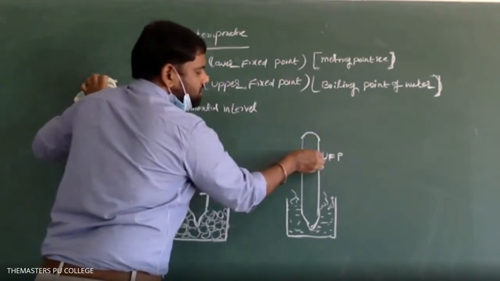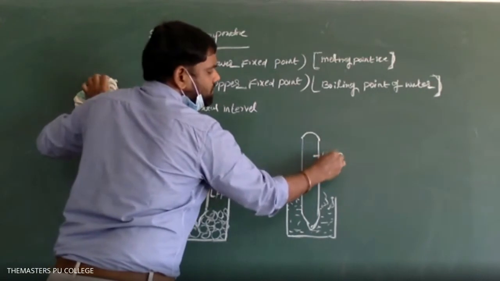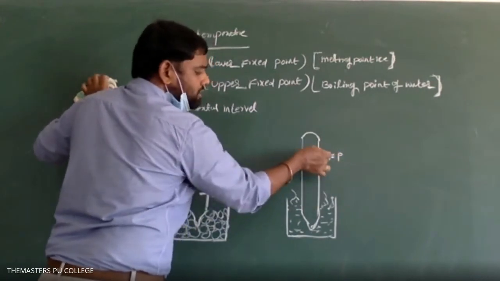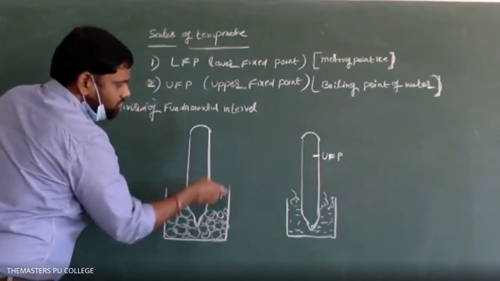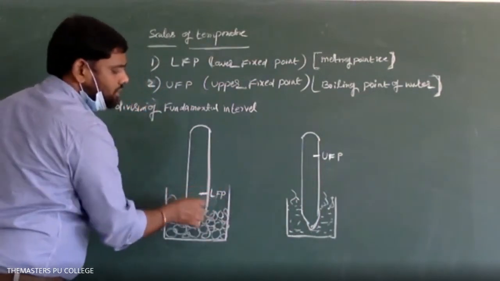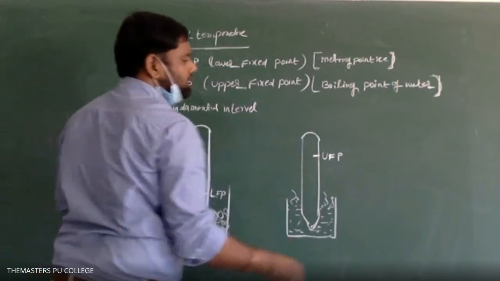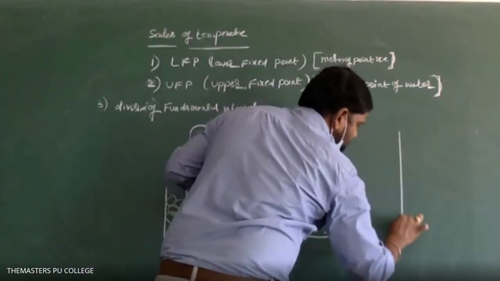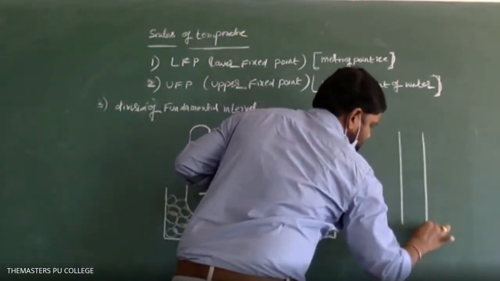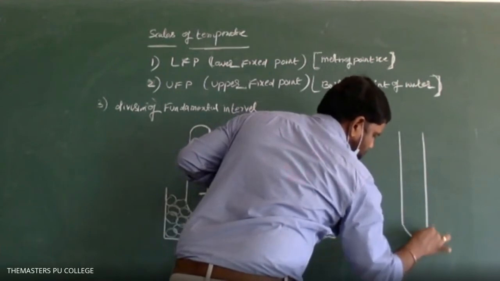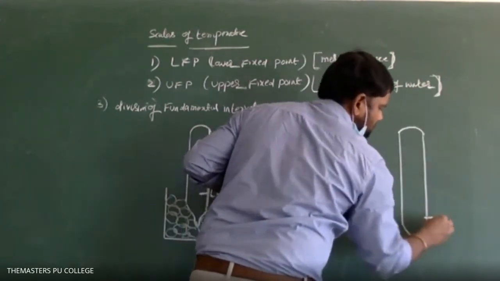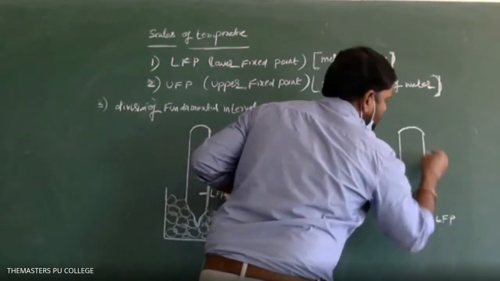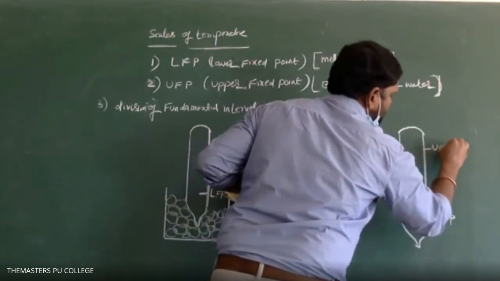So this is the point we have marked as the upper fixing point. At this point, the water will start boiling. At this point, the ice will start melting. That's why this is known as the lower fixing point, and this is known as the upper fixing point. Now we have successfully marked them. This is called LFP, and this is called UFP.